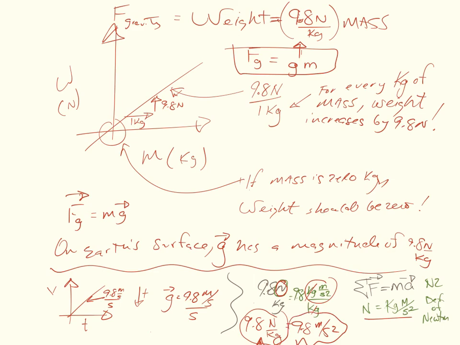If you go to different places in the universe, nothing changes about this graph except the slope. If you go on the moon, just like the problem here, the slope becomes 1.62 meters per second squared. So do I substitute that for g? That's your acceleration due to gravity at that place, but it's also your gravity field strength there.